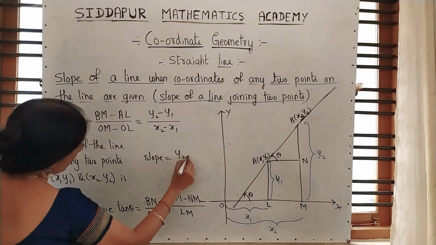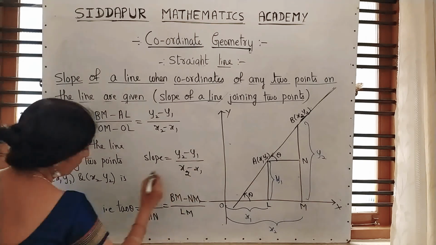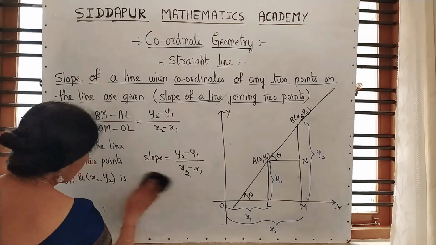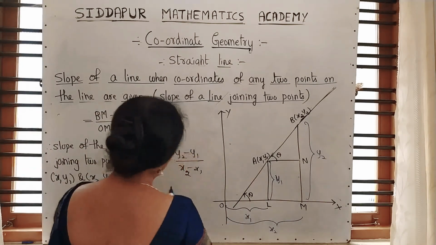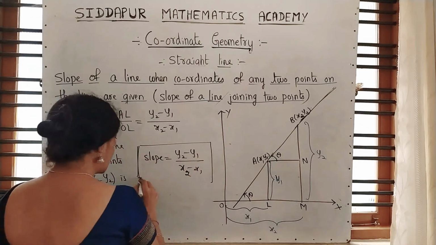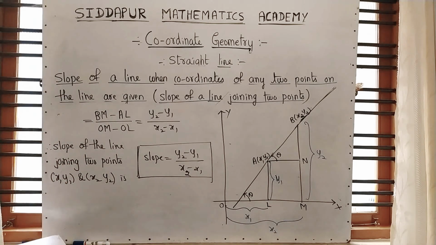Slope is y2 minus y1 upon x2 minus x1. Please underline this or make any mark. This is a very important formula. Slope of the line joining 2 points (x1, y1) and (x2, y2) is y2 minus y1 upon x2 minus x1.